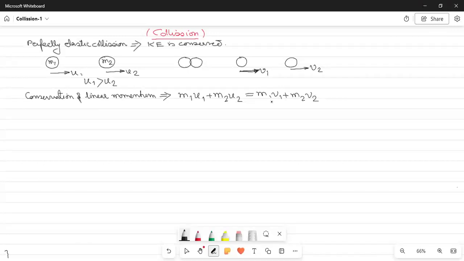From this we can write m1 times u1 minus v1.